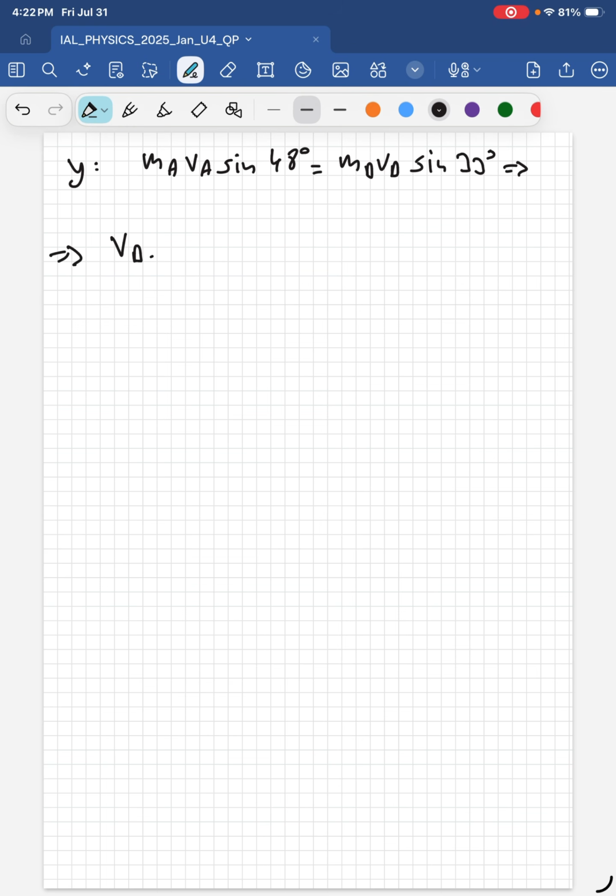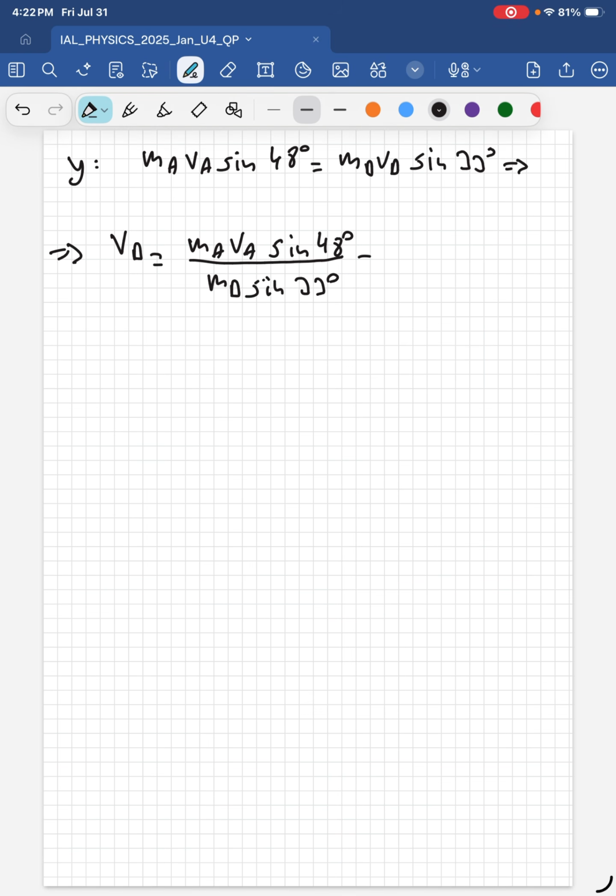Which means that vB is mA vA sine 48 degrees over mB sine 33 degrees. So this is equal to 390 times 1.21 times 0.74 over 360 times 0.54, which is equal to 1.8 meters per second.